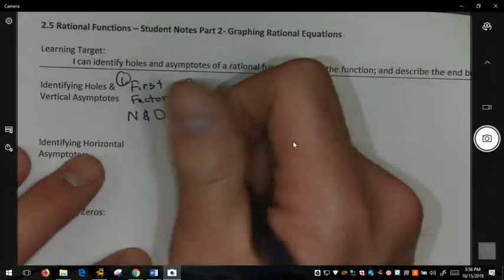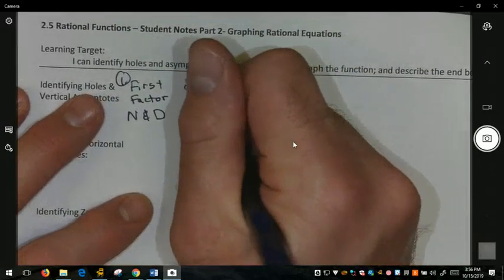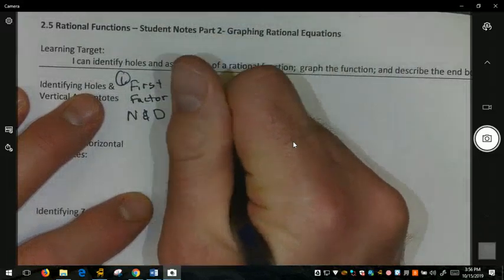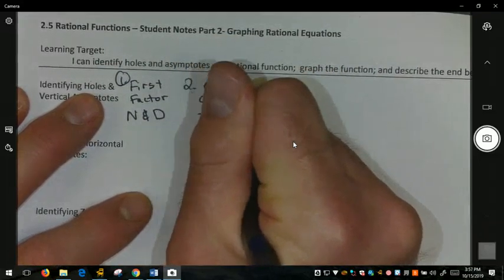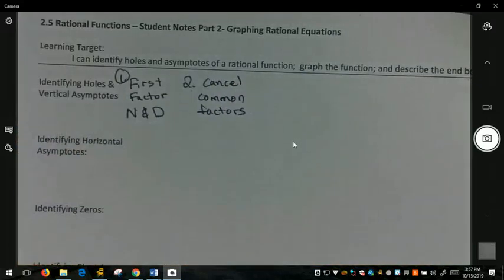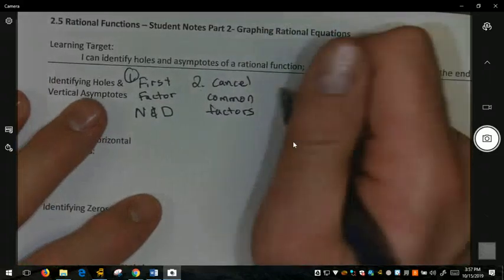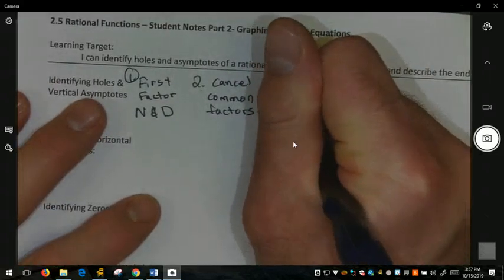The next thing we do is look to cancel any common factors. But before they go away, we have to remember that those factors that were in our denominator are a part of the function's domain restrictions, even if they are not part of the final function. So they actually create a hole.